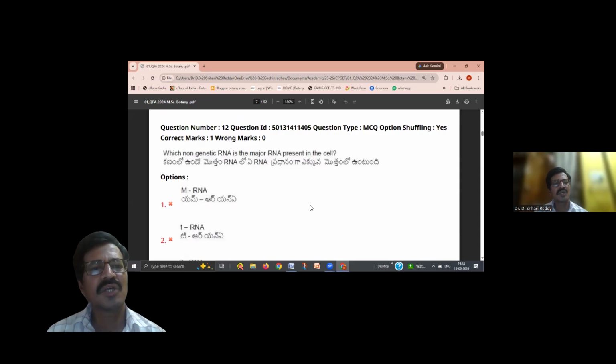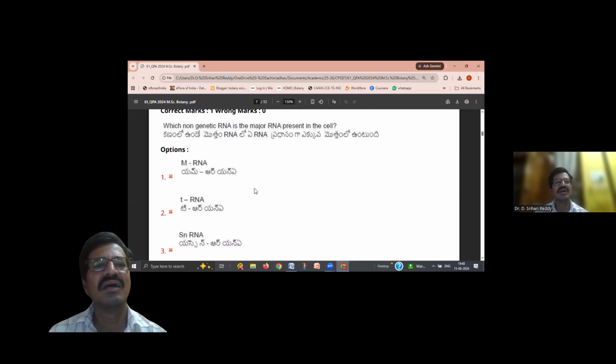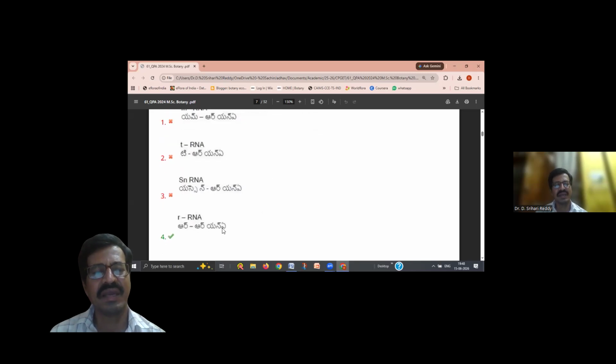mRNA is a genetic RNA because it is transcribed directly from the DNA, and it is useful for the translation of proteins. Which one is the major RNA present? That is the ribosomal RNA, because the RNA present in the ribosomes is called ribosomal RNA. For example, in the 70S ribosomes, there are 16S rRNA and 5S rRNA.